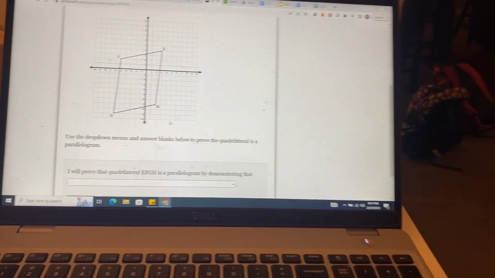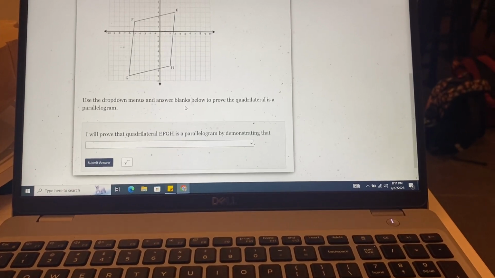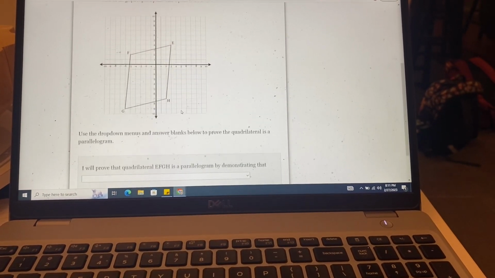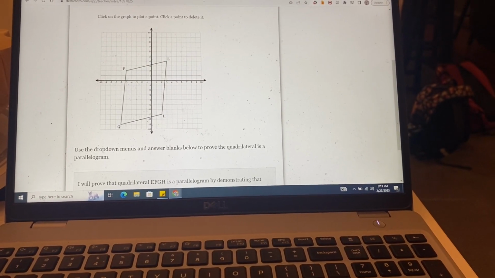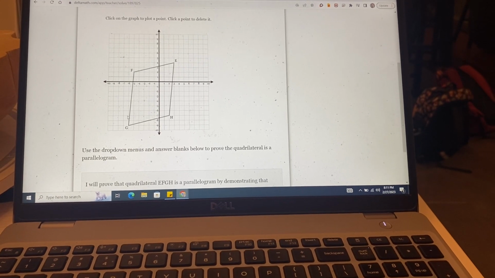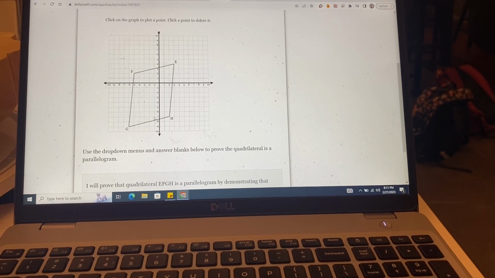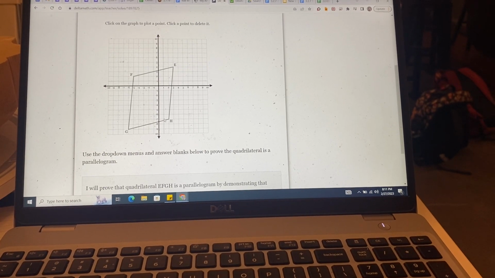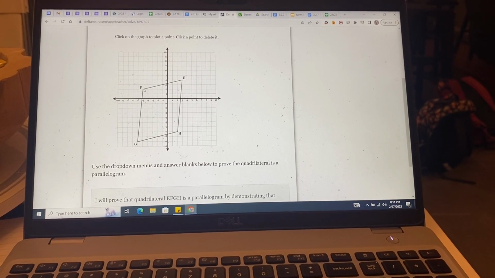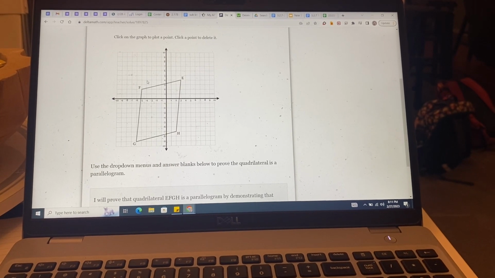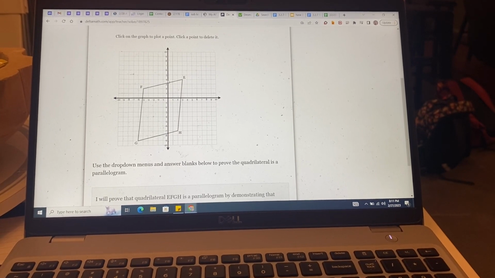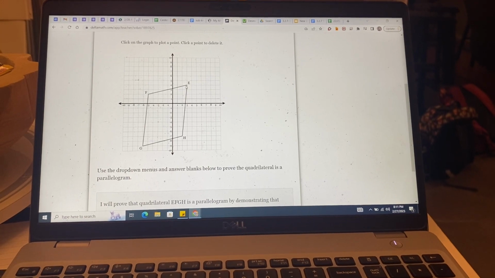Okay? Use the drop-down menus and answer blanks to prove the quadrilateral is a parallelogram. So this goes up 2 and over 8. This goes up 2 and over 8.